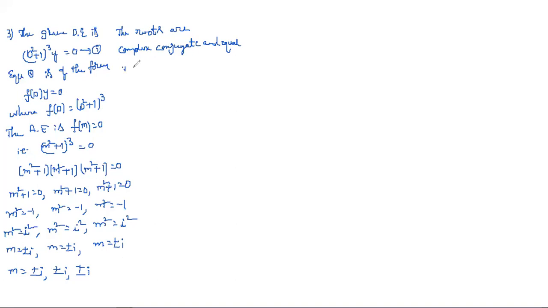Then how to write the complementary function? The general solution is yc is equal to e power alpha x, where alpha is 0 here. So yc is equal to e power 0 into x, then c1 plus c2x plus c3x square into cos x, plus c4 plus c5x plus c6x square into sin x.